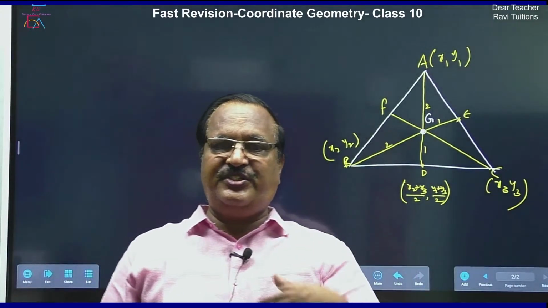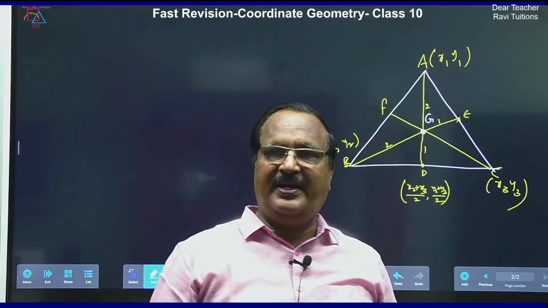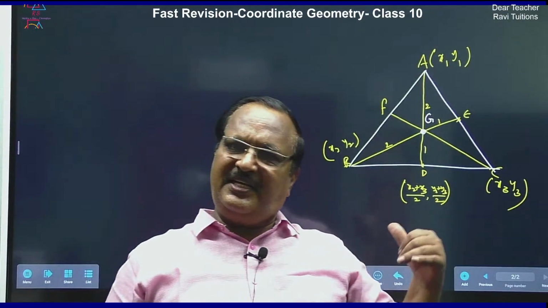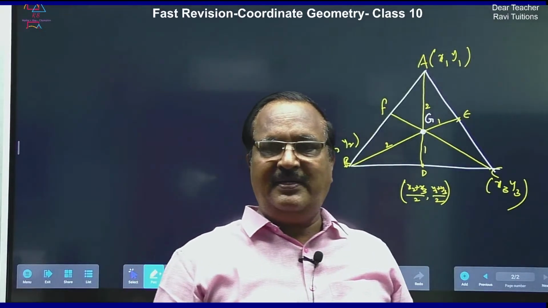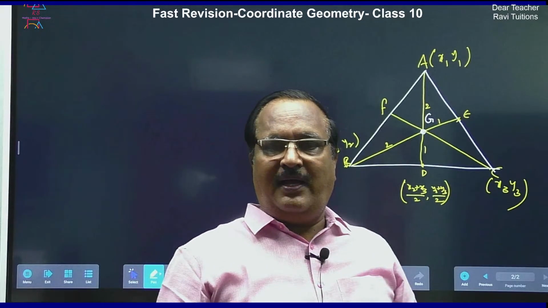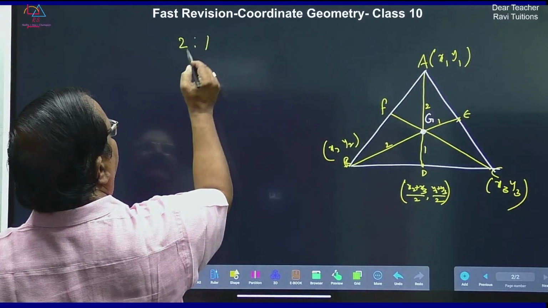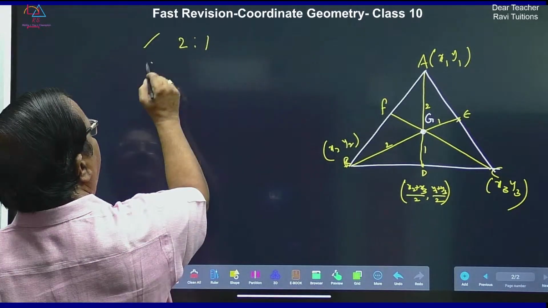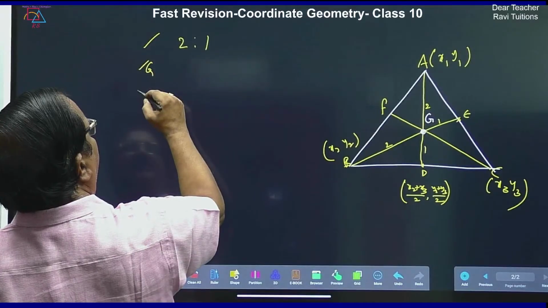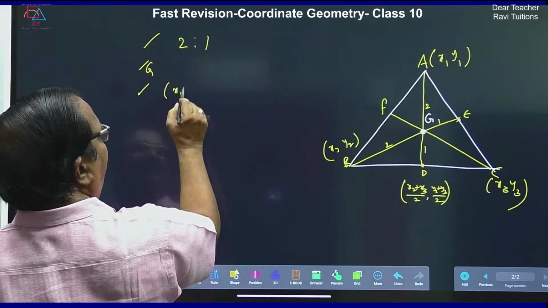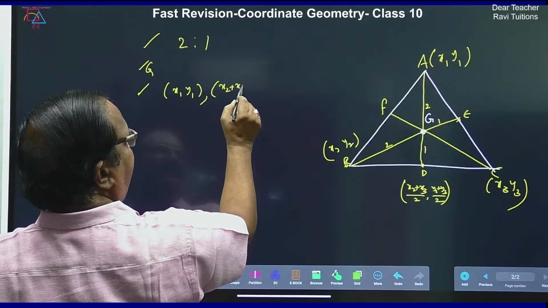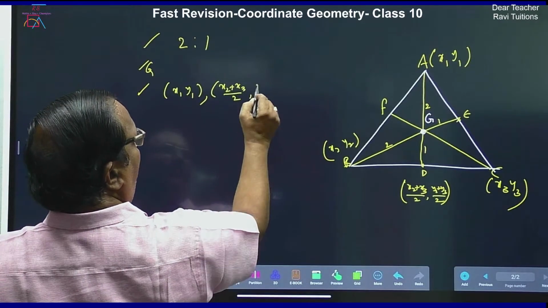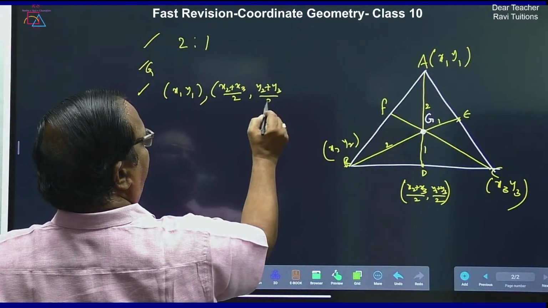This is the first challenge you can take up. How to use the section formula? You use it for finding G. The ratio is 2:1, with point G, and the coordinates x1 y1 and x2 plus x3 by 2, y2 plus y3 by 2.